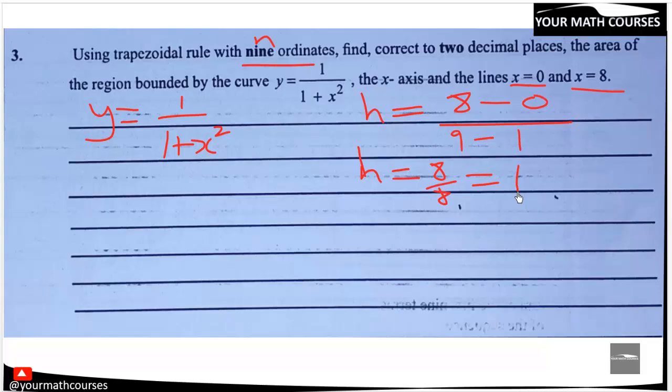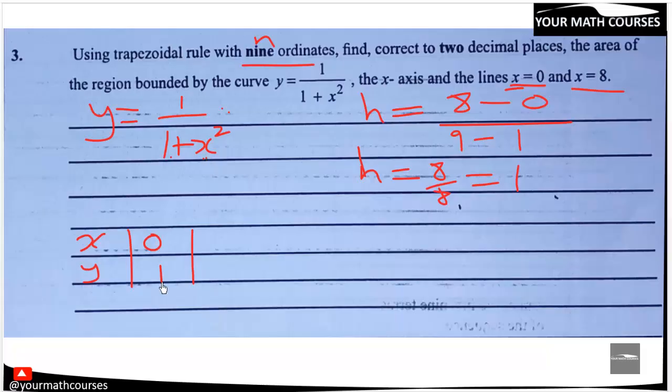With this, we can get the values that we substitute into y. We have the x values here and the y values here. The beginning is x equals 0, the lowest boundary. When x equals 0, we need to find y. We put 0 here: 0 squared is 0, plus 1 is 1, and 1 over 1 is 1.